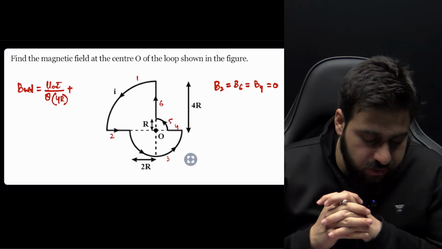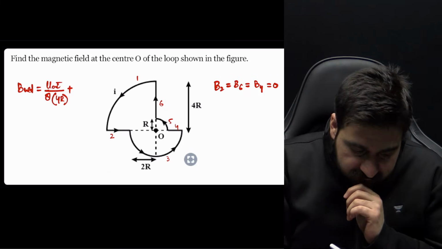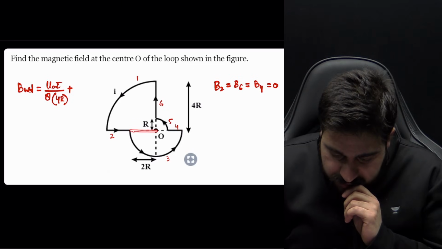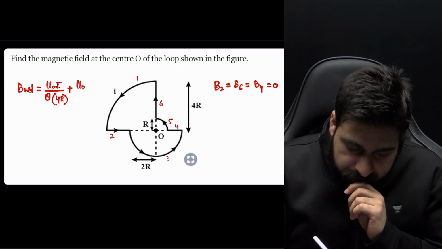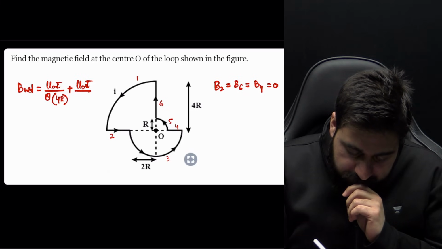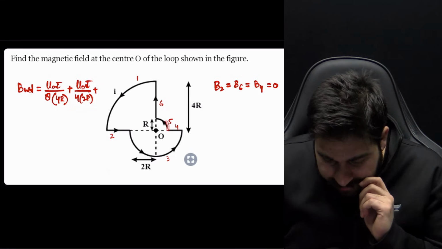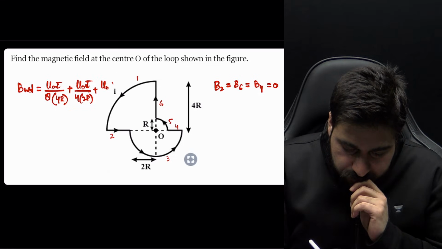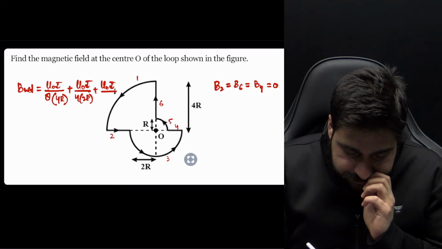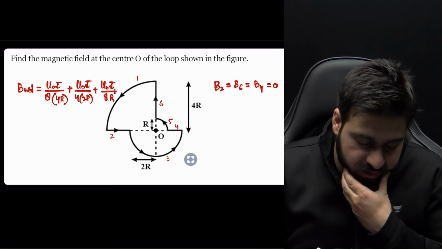Sir, the magnetic field due to a semicircular wire is mu naught I by 4r. But its radius is 2r. So it will be mu naught I divided by 4 into 2r, then plus the magnetic field due to this chord, which is also going to be mu naught I divided by 8r. Okay, this is the net magnetic field.